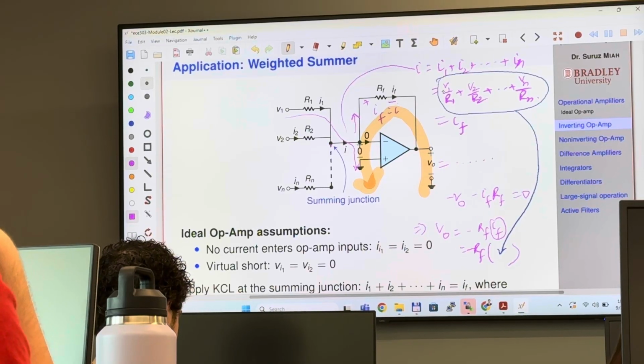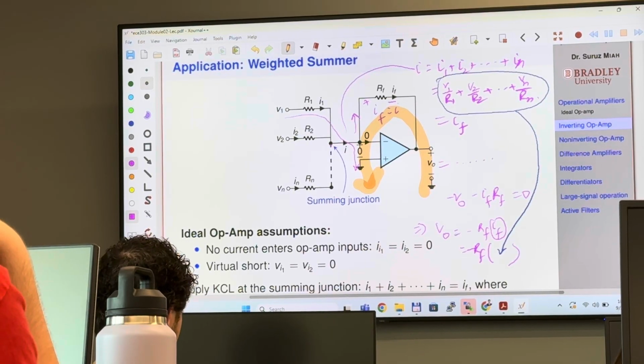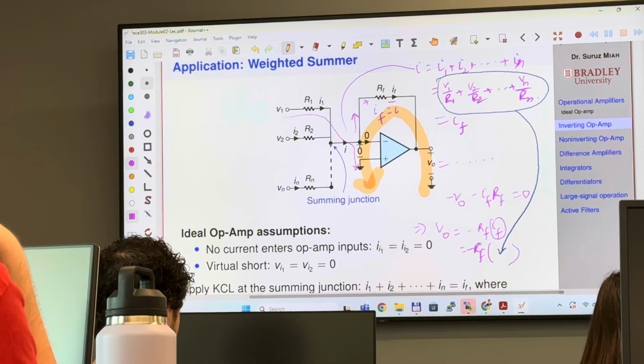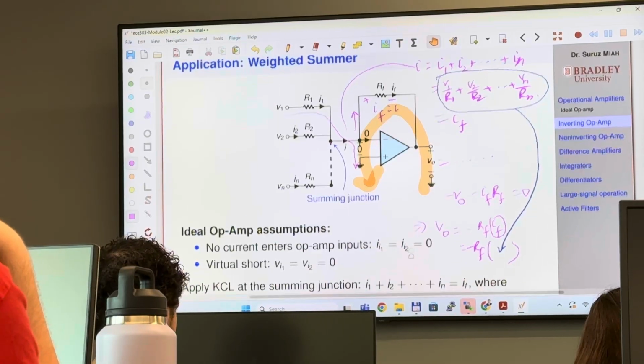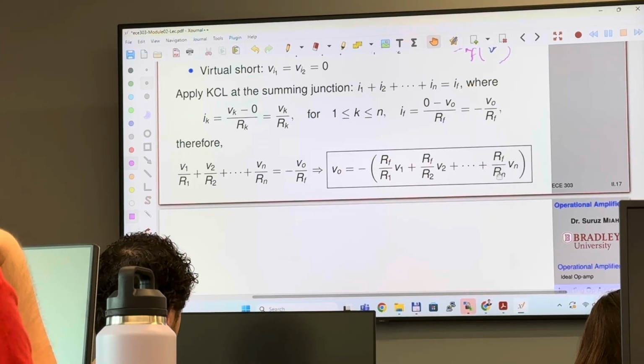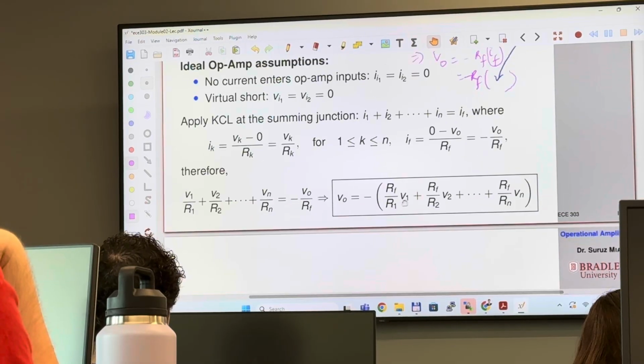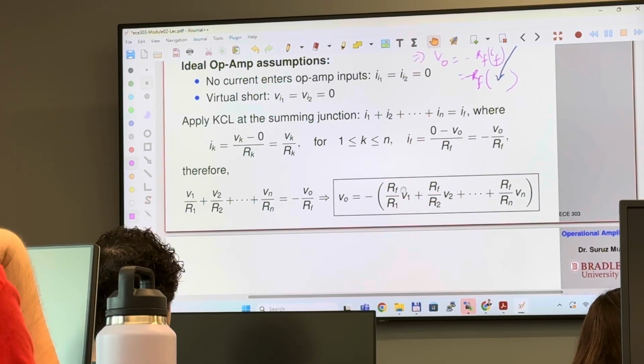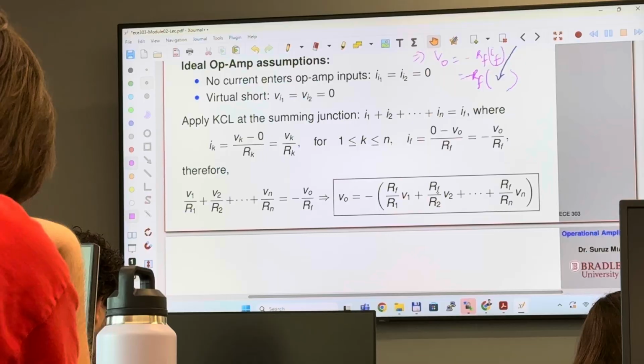Now you can actually see that output voltage is going to be sum of input voltage with some weights, and I wrote the final answer right here. So the output voltage is going to be RF over R1 times V1 plus RF over R2 times V2 plus dot dot RF over Rn times Vn. Don't you think that it is basically adding all these inputs with some weights? Do you see that?